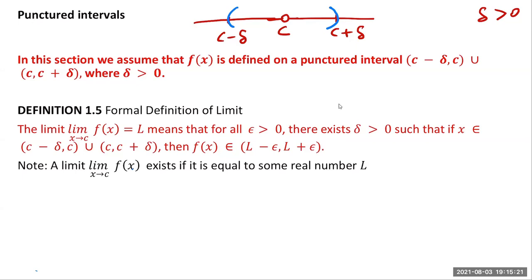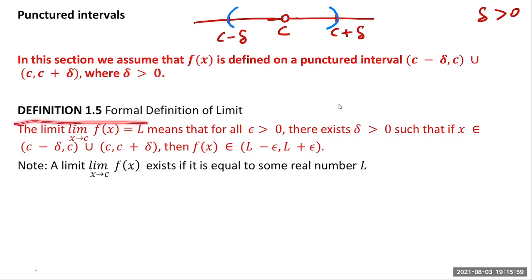The limit as x goes to C, f of x is equal to L means that for all epsilon greater than 0, there exists delta greater than 0, such that if your x is in this punctured delta neighborhood, then your f of x has to fall in this interval, L minus epsilon, L plus epsilon. Okay. By the way, we say that this limit exists if this L is a real number.